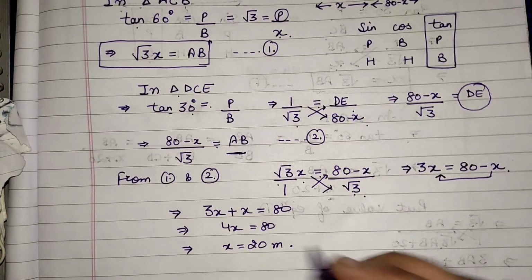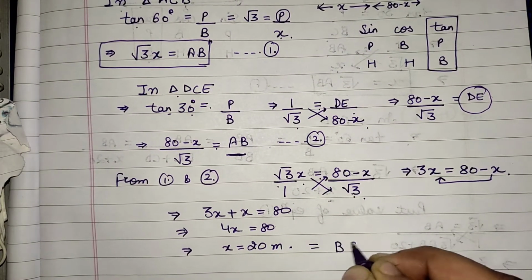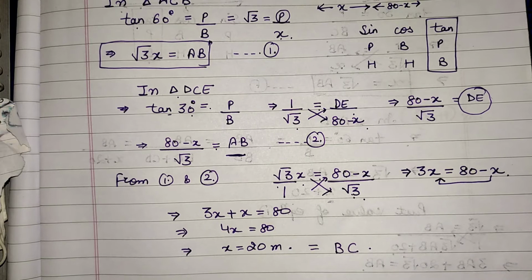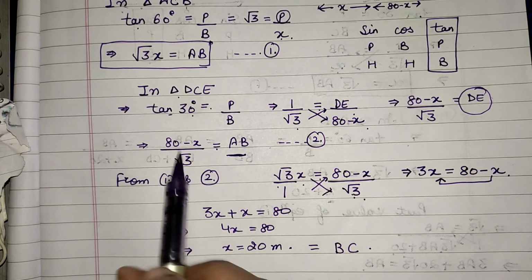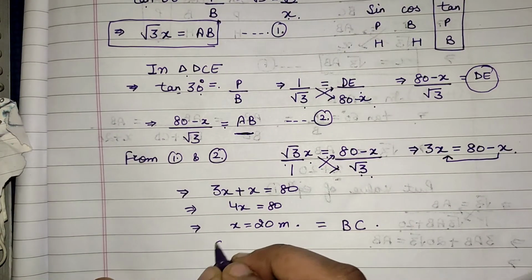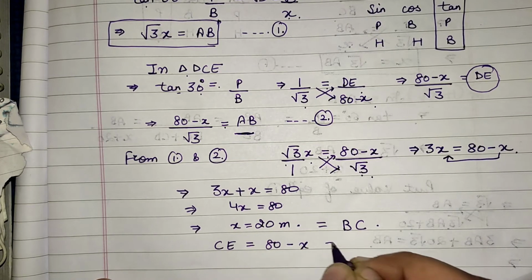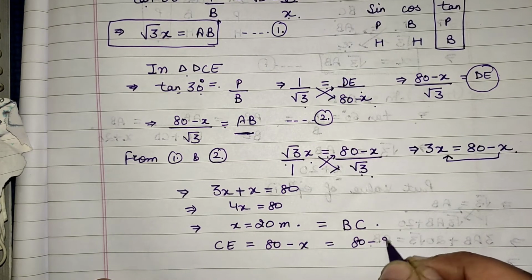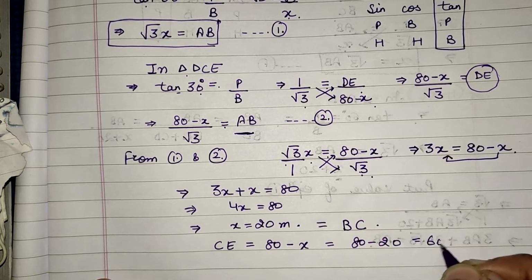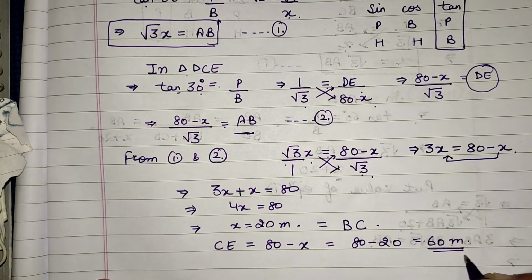So one distance, which is BC, will be equal to 20 meter, and another distance is CE, which is equal to 80 minus x, which will be 80 minus 20, equal to 60 meter.